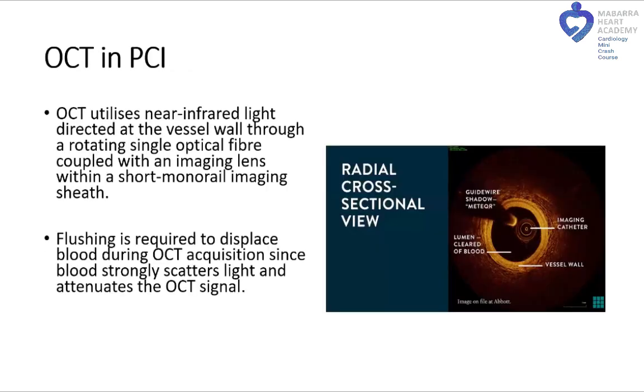So OCT, or optical coherence tomography, utilizes near-infrared light directed at the vessel wall through a rotating single optical fiber coupled with an imaging lens within a short monorail imaging sheath. Flushing is required to displace blood during OCT acquisition, since blood strongly scatters light and attenuates the OCT signal.